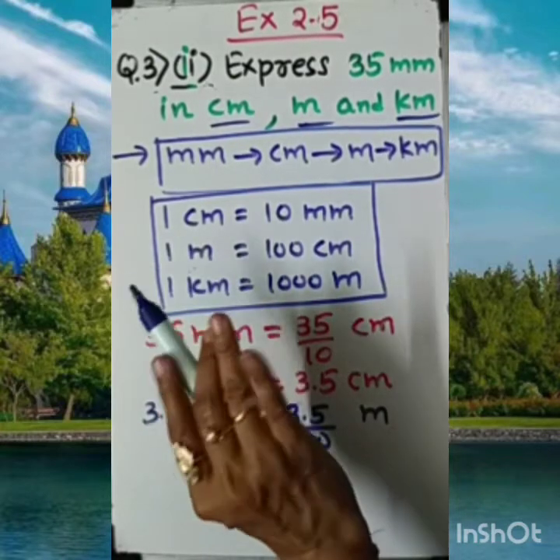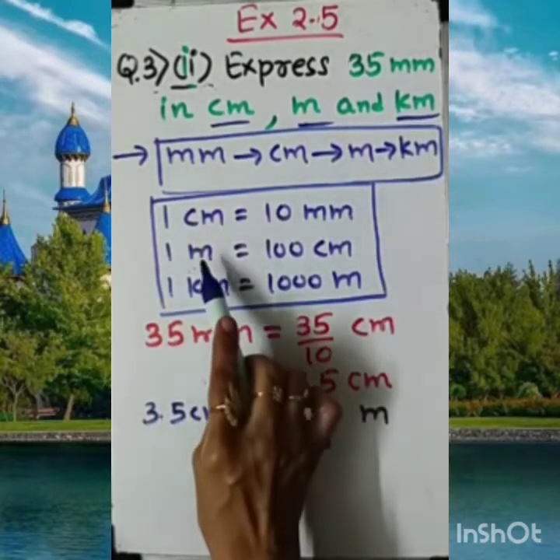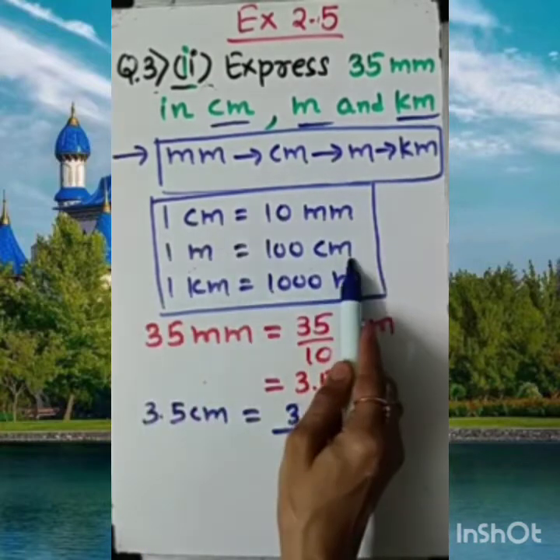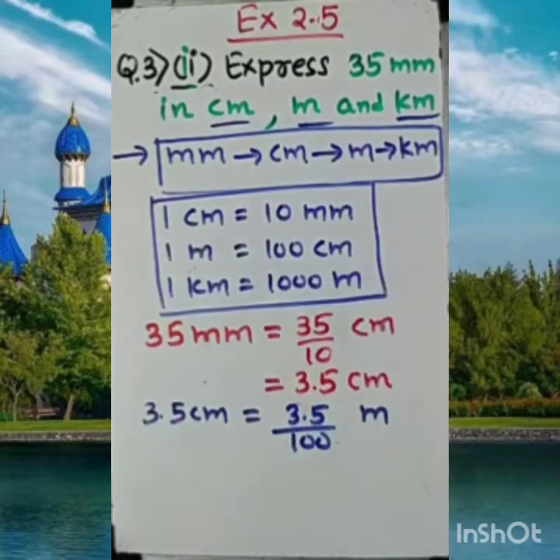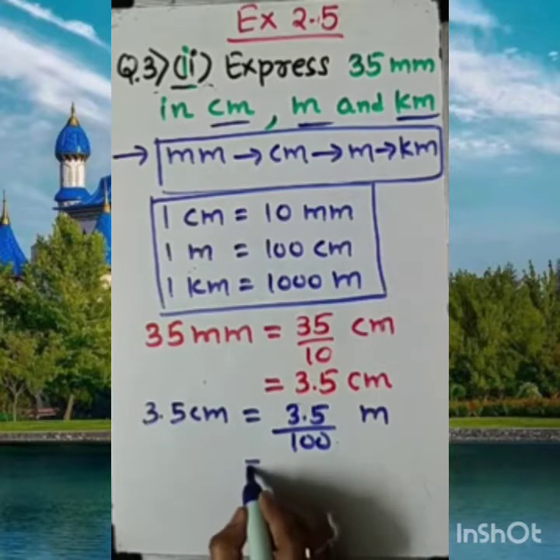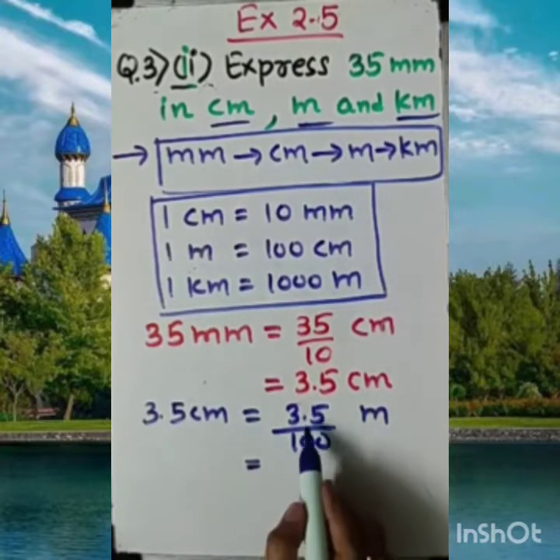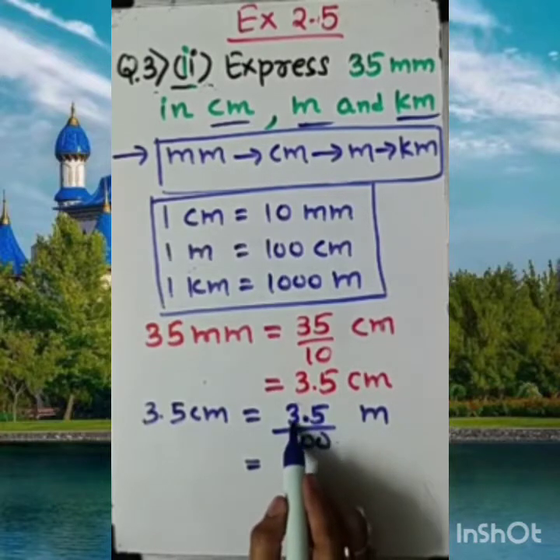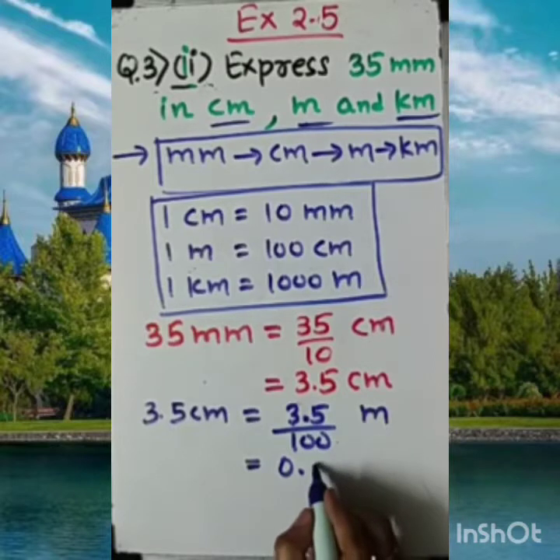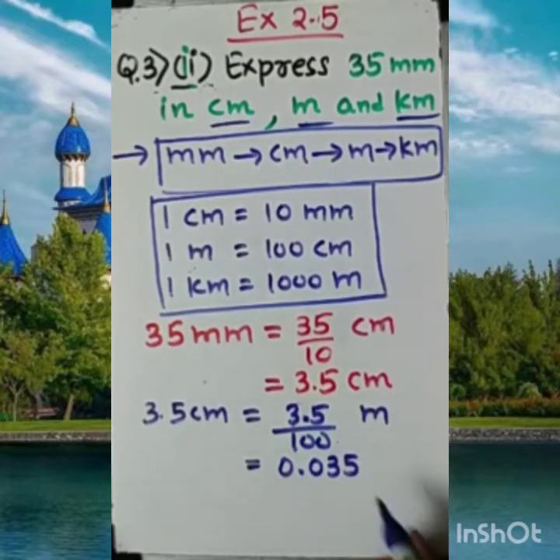If we are doing the reverse procedure from bigger unit to smaller unit, then we have to multiply. So according to this, we have to shift two digits. You can see this digit, if I shift to that side, it is only the single one. I need to shift two digits, so I need to write 0.35.